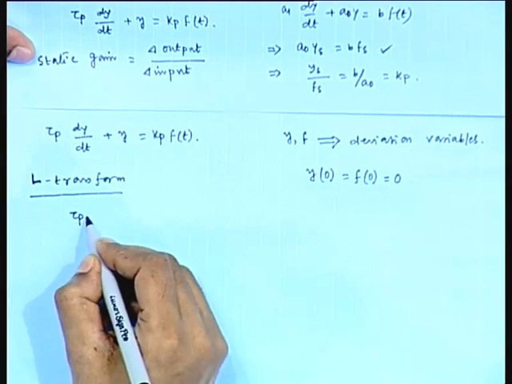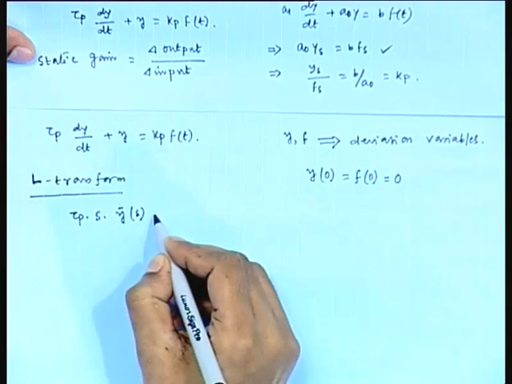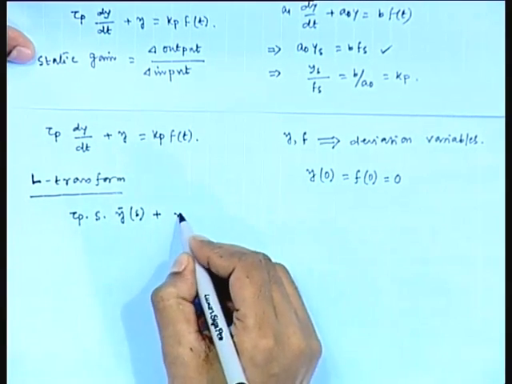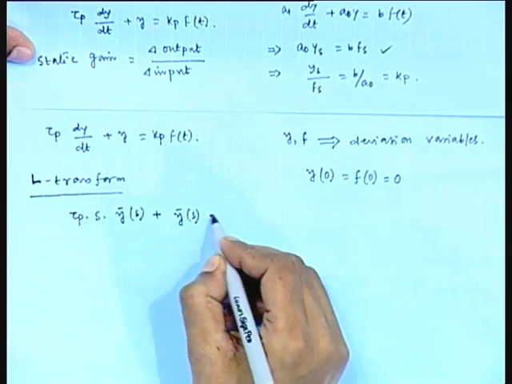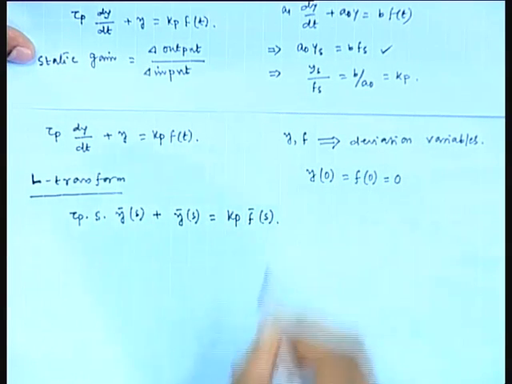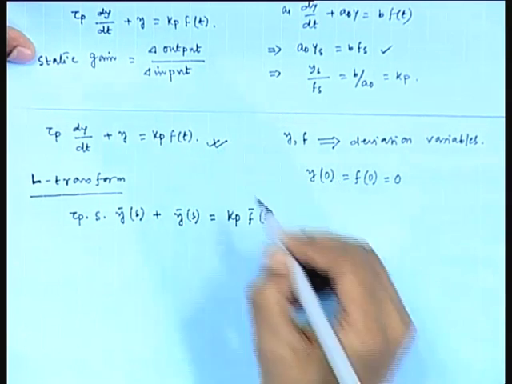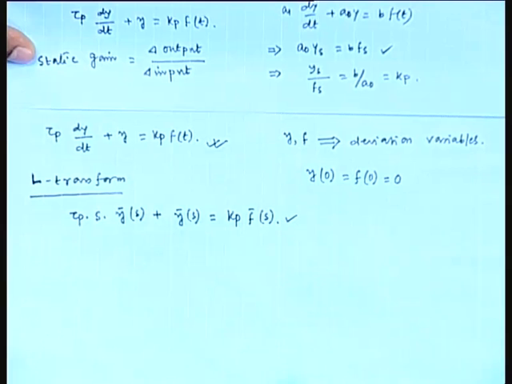Then we get tau p s y bar s plus y bar s equal to Kp f bar s. If we take Laplace transform of this, then we get this form.